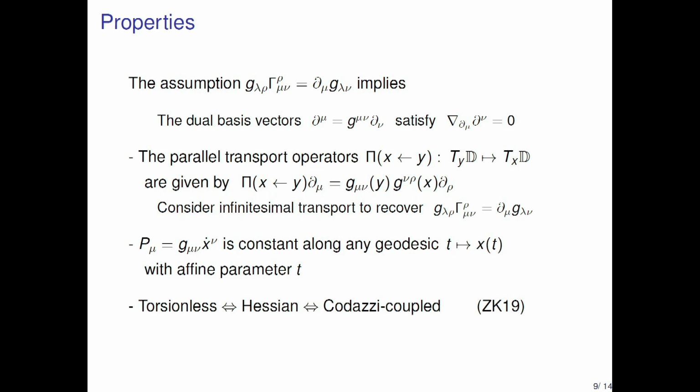Okay, what are properties of that connection? You have that starting relation, the dual basis vectors. So if I lift the index nu by the inverse of the metric tensor, I get the dual basis vectors, and they have the vanishing connection coefficients.